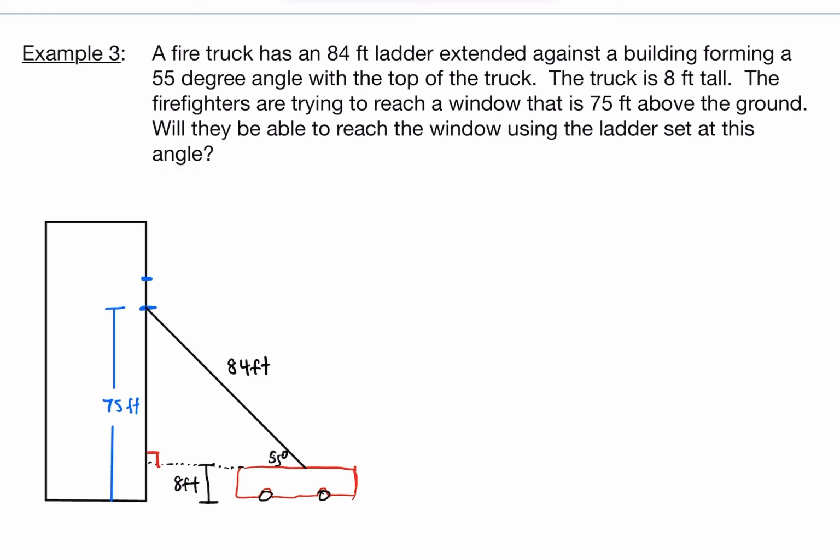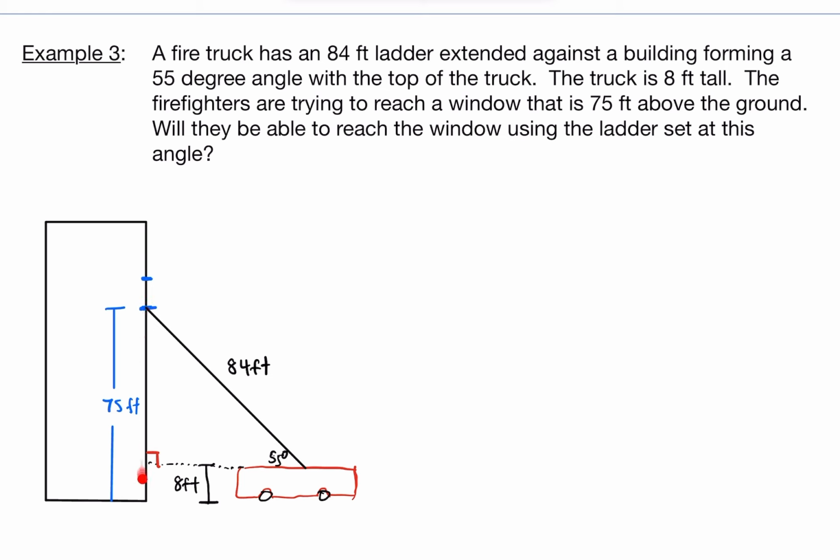First off, we need to figure out what this distance is. We need this because we have this angle here and we need at least two sides of the triangle. We have this 84 feet. We're not going to know this distance, but we do know the height of the window is 75 feet from the ground up.